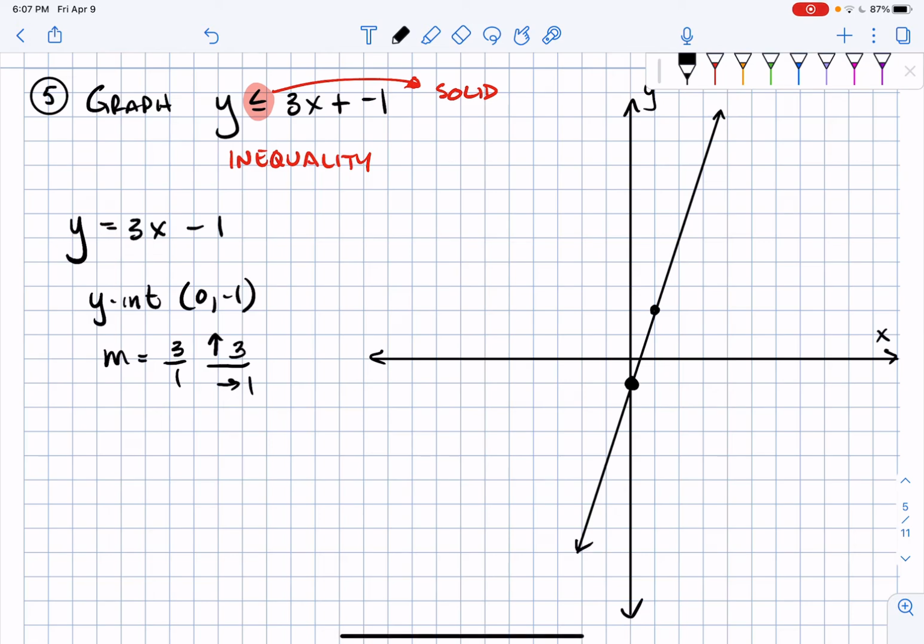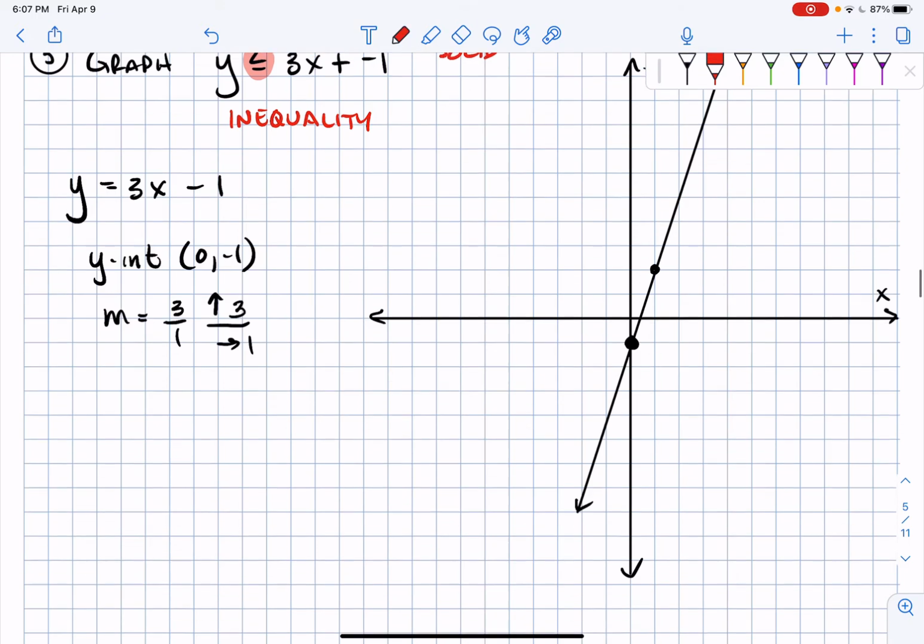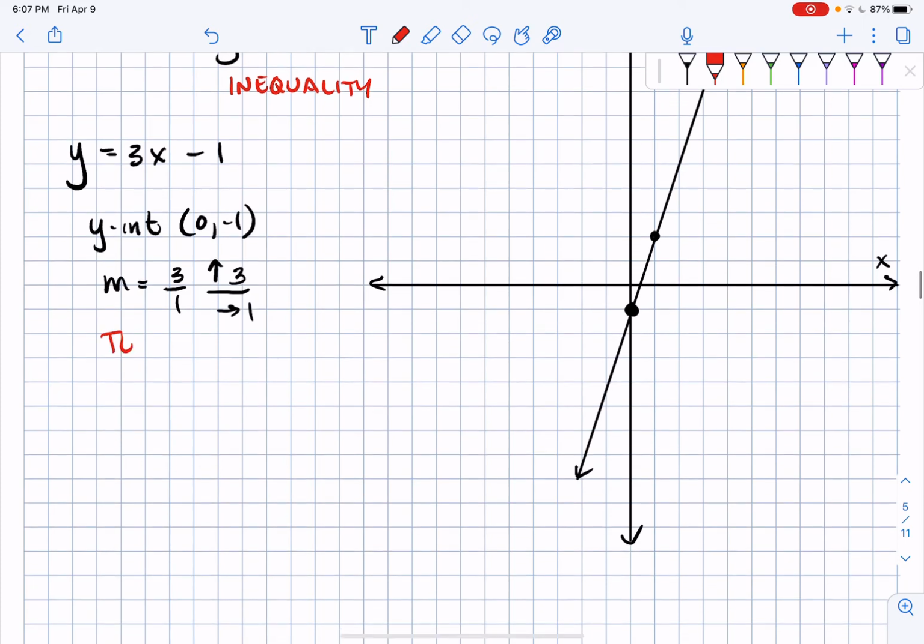So now with inequalities, there is multiple solutions, meaning which way do I shade, right? So I have to test a point. Now the point that you test can be on this side or a point on this side, okay? Basically you're asking those points, am I on your side or am I on the other side, right?